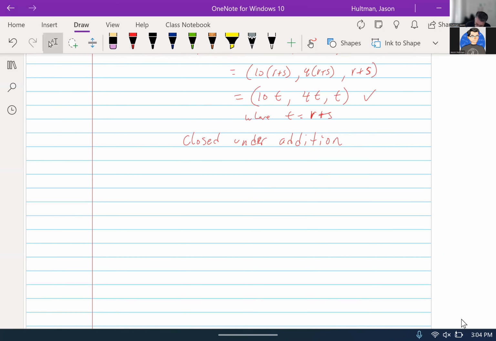Okay, let's check scalar multiplication.